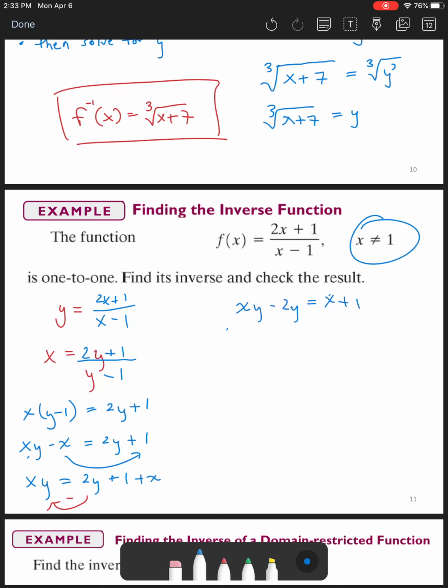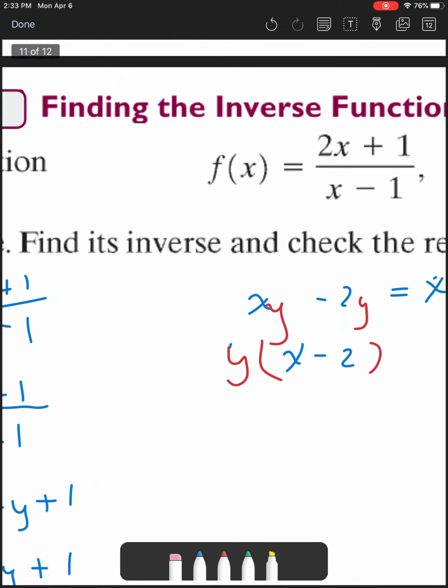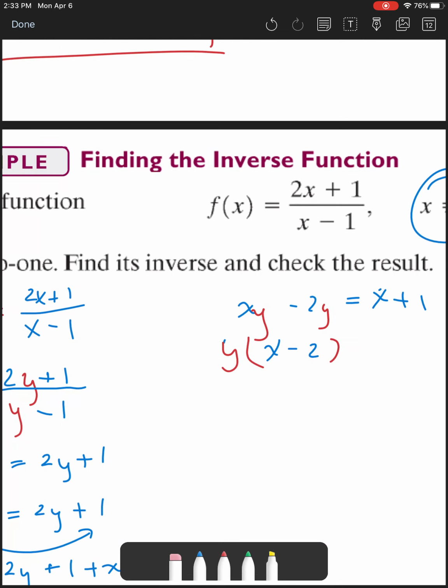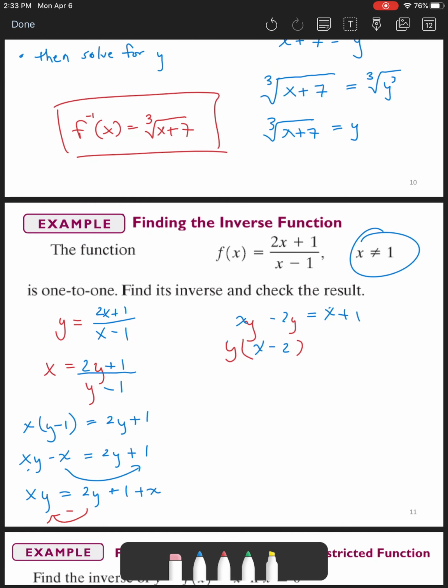If I pull out the y, and let's say we make this y red, I'm going to be left with a blue x, a blue negative 2, equals x plus 1.